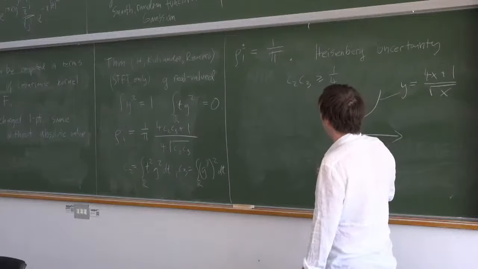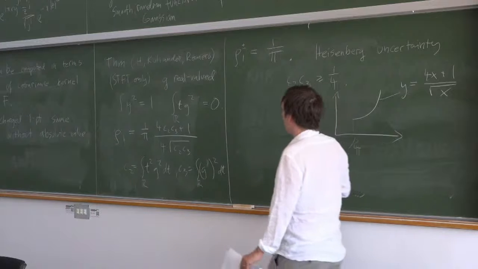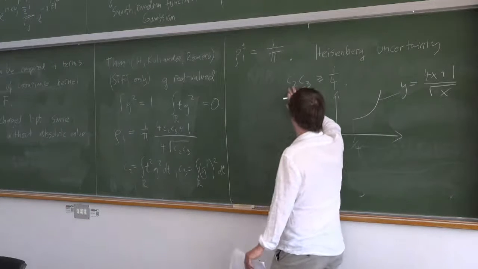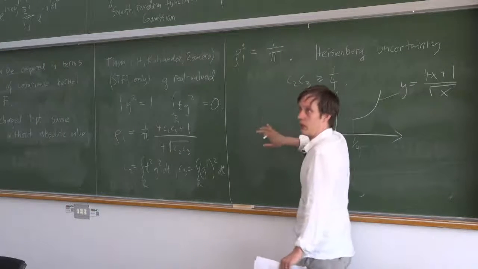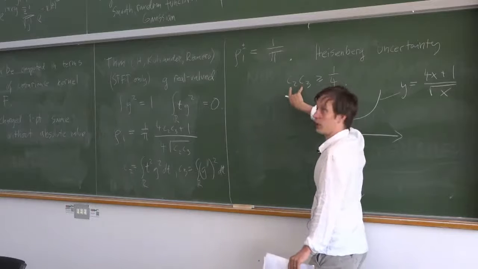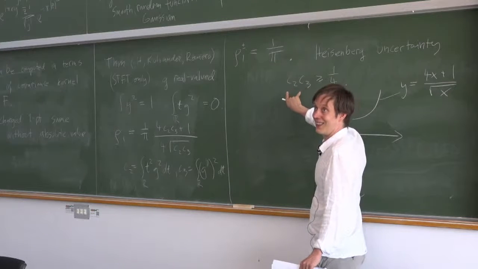So, for example, if you take a Hermite function window which has very high degree, this means that this product is going to be very big.